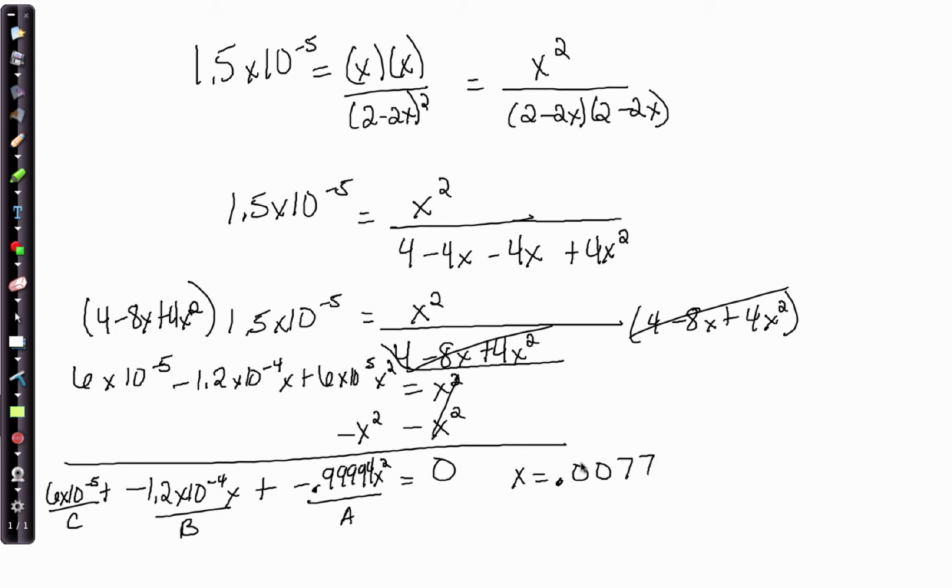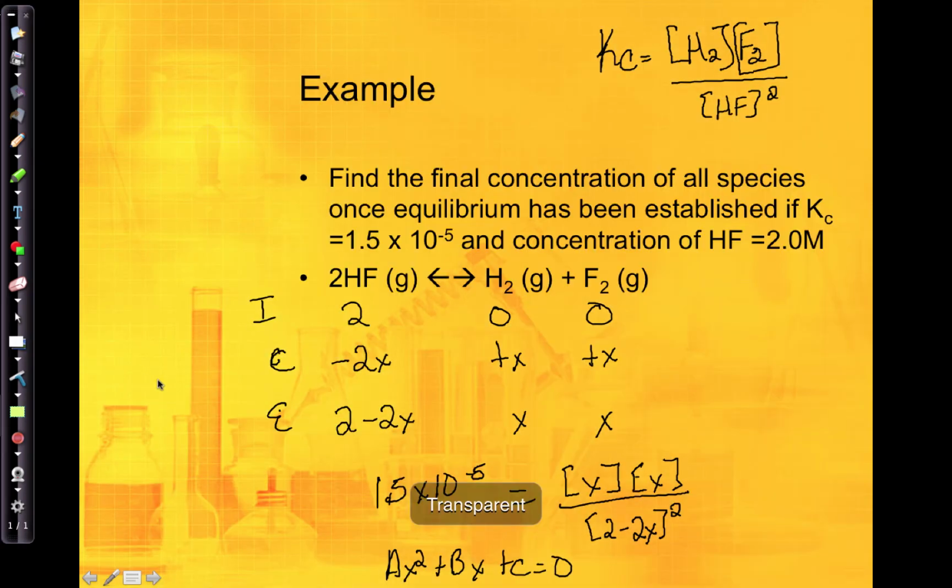All right, so now I've got this. Now I need to go back and get my concentrations. So if I look here, I know that x is equal to this. So now I can just plug it into these expressions to get the actual concentrations here.